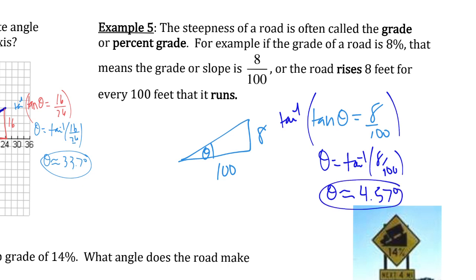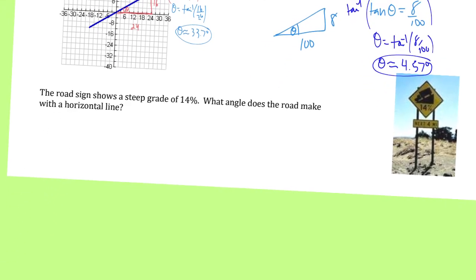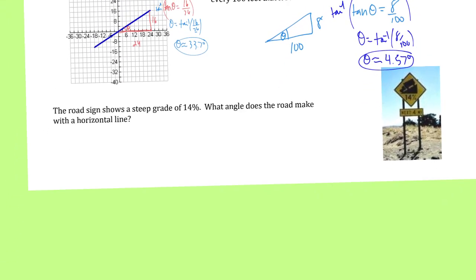And the last question, the road sign shows a steep grade of 14%. 14% means 14 out of 100. So that means 14 over 100 is the slope. What is the theta of that? What is the angle that it makes with the line?